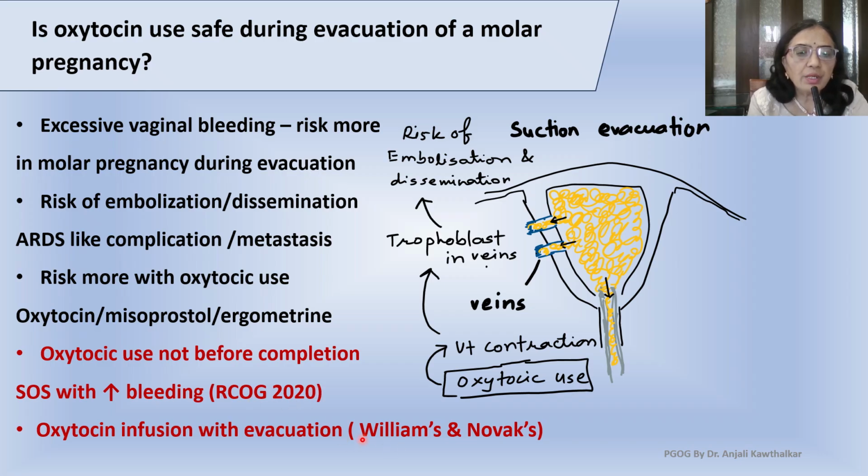On the other hand, if you read the textbook of Williams and Novak's, what they recommend is to routinely use oxytocin infusion during evacuation by adding 20 units to 1000 ml of Ringer lactate or normal saline. We have to keep that drip running whenever we are doing evacuation so that the risk of intraoperative hemorrhage is taken care of.